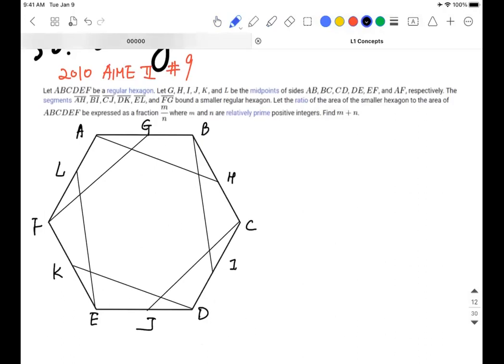You connect everything, and after you do the connection, you can find that you're going to bound out a little regular hexagon in the middle, which makes sense, right? I'm just going to highlight it here. The middle one is also a regular hexagon.